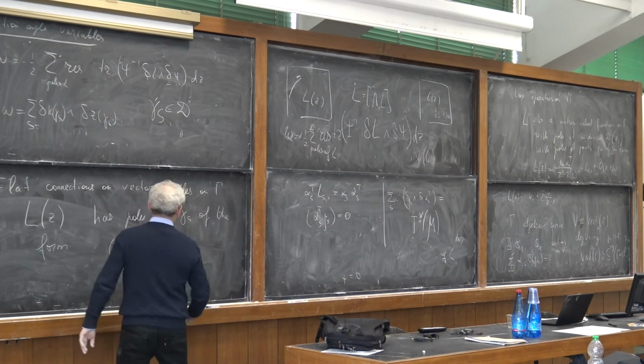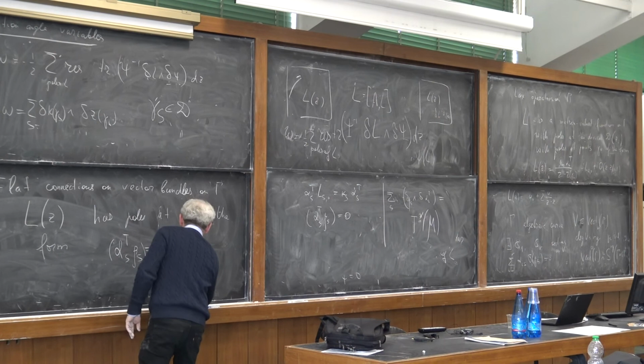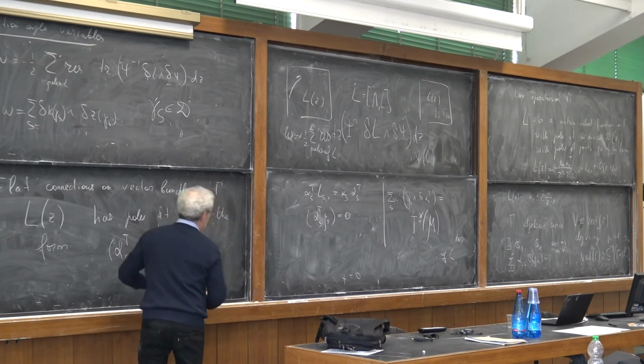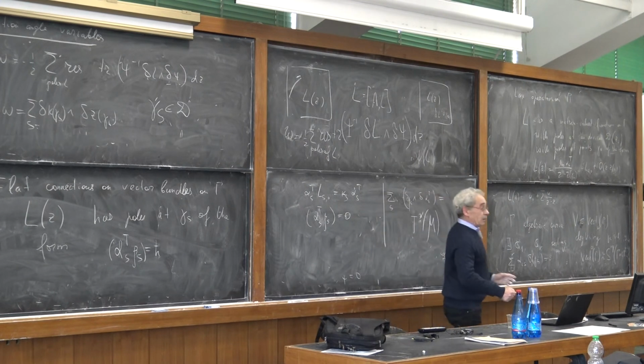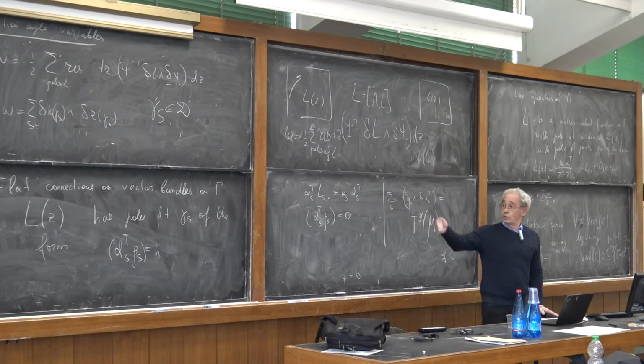This is the condition, and the remaining is the same here. The answer: you use the same formula with omega. You compute it on the space of L's. You get the Atiyah-Bott symplectic form on the space of connections.